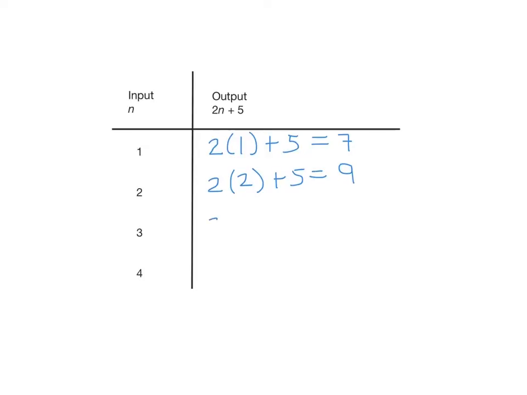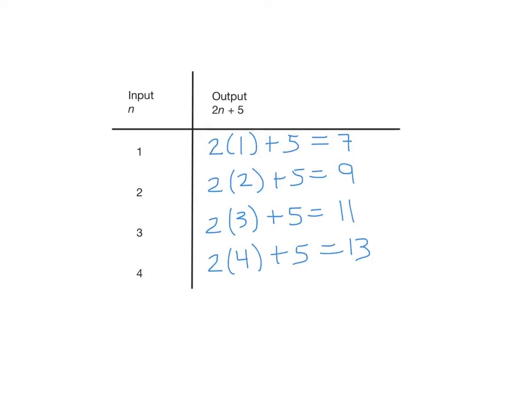For the third one, we have 2 times, we substitute the 3 instead of n, plus 5. We know that 2 times 3 is 6, plus 5 is 11. And lastly, we have 2 times, this time we substitute the 4 in for n, plus 5. We know that 2 times 4 is 8, plus 5 is 13.